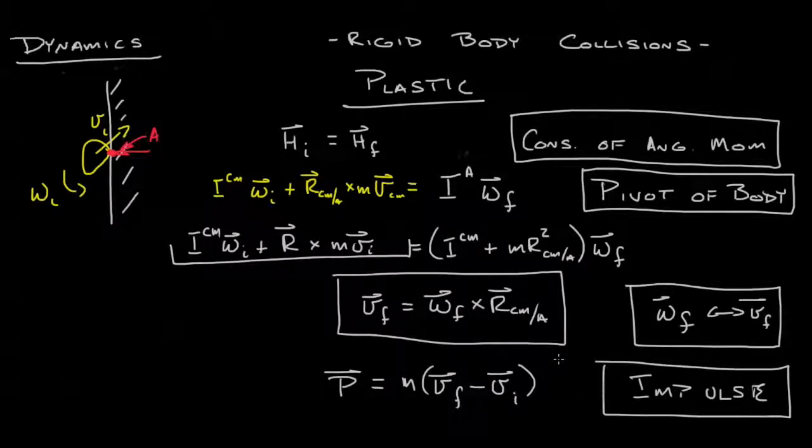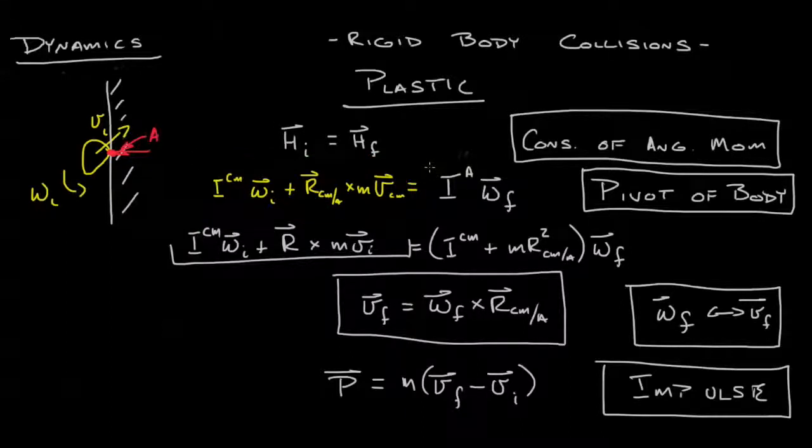So in summary, when we're dealing with plastic collisions that involve rotating rigid bodies, we use the conservation of angular momentum about the impact point. The trick we can use is viewing angular momentum in two ways. The first way is the typical way that you think of it, where you have some sort of rotation, and then you have some sort of translation with the body moving about some point.